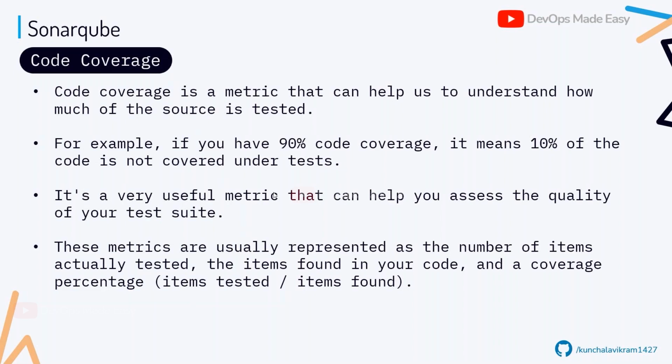Understood, guys? So there is always a trade-off. It's not like you have to cover 100% of the code. You should aim for anywhere from 80 to 90, 95. That is also fine. For example, if you have 90% code coverage, that means 10% of your code is not covered under the test cases. Understood?